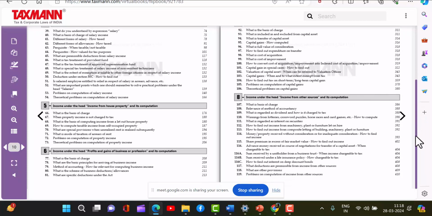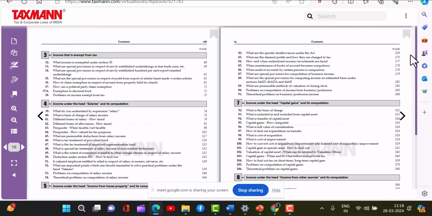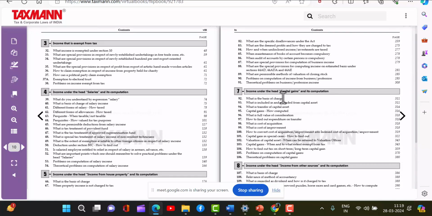Then this is the sixth chapter: income from capital gains. For example, if you have an asset, like some shares, or a building or land, and you sell it and make money out of it. Suppose you bought a land for say 1 lakh and sold it for 10 lakhs, so 9 lakh will become your capital gain, and you have to pay tax on that.